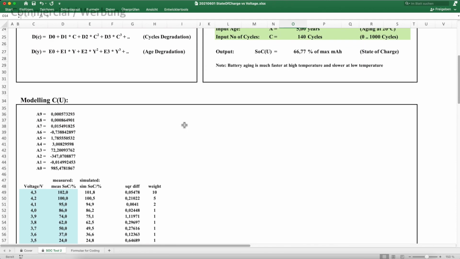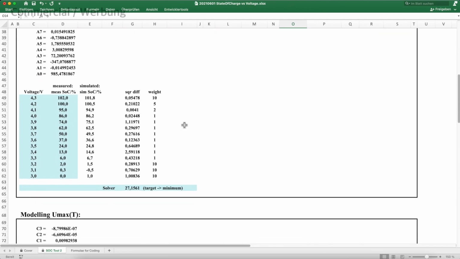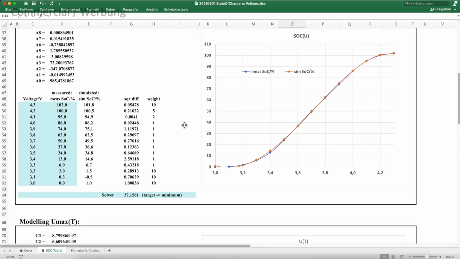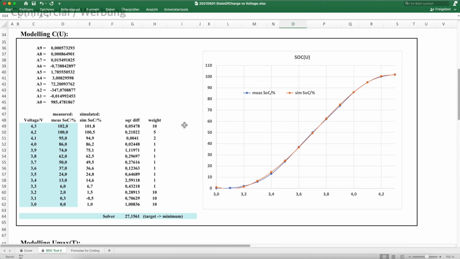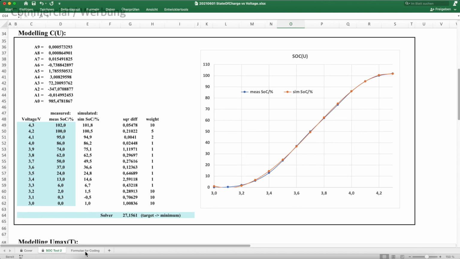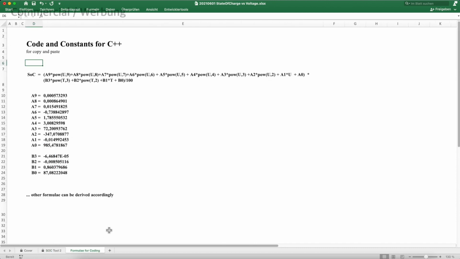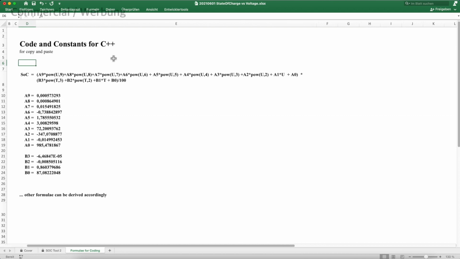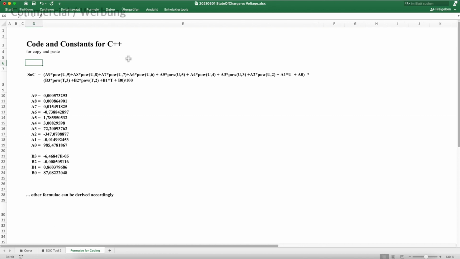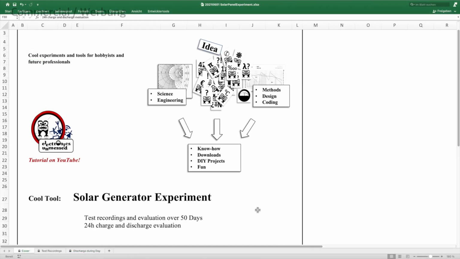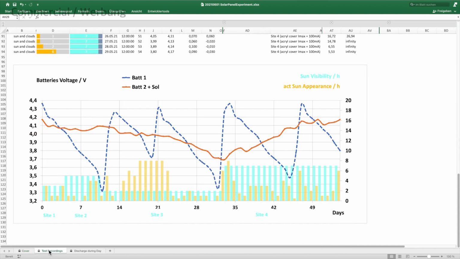In one of the coming episodes, we will explain this functional approximation and how you can derive code and constants for your own programs from it. We applied this already in an earlier experiment. I want to explain now where to find it.